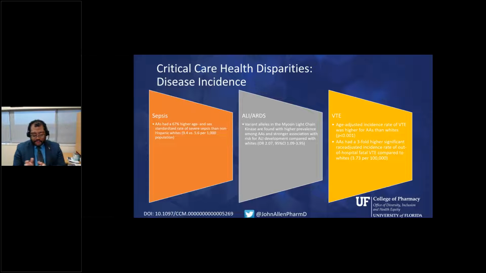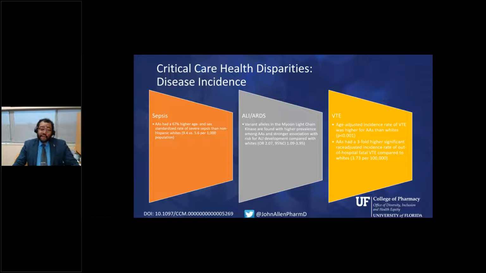But let's shift to what are some differences in disease incidence in critical care related disease? And so sepsis itself, there has been literature to suggest that African Americans have a 67% higher age and sex standardized rate of severe sepsis than non-Hispanic white patients.